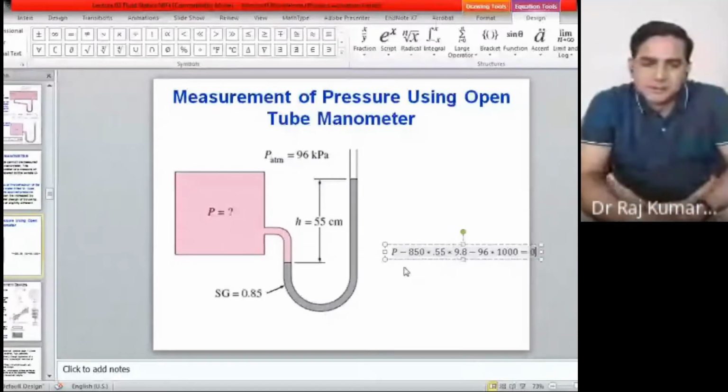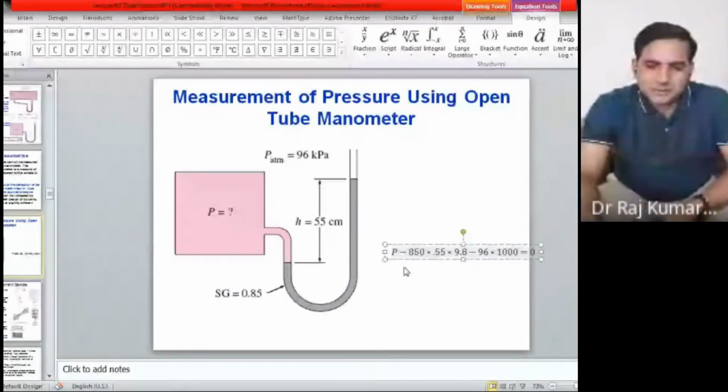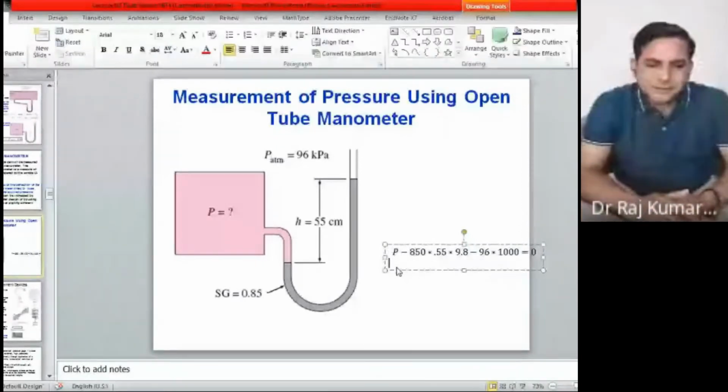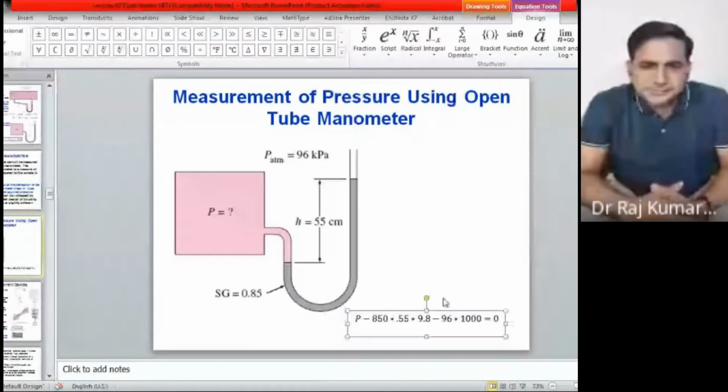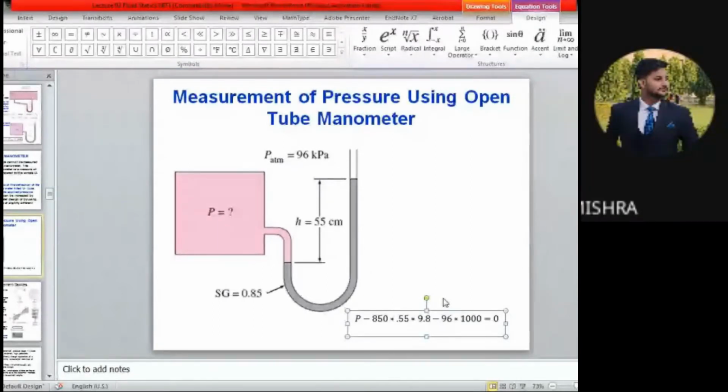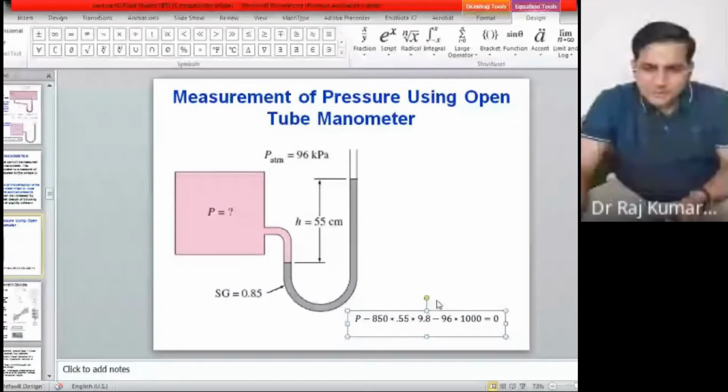Simple. You will get the P. Okay? You will get the P that way. Fine? So that is the thing. Now you will get the pressure here.